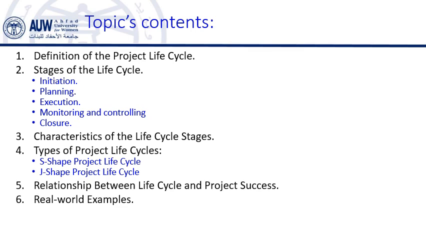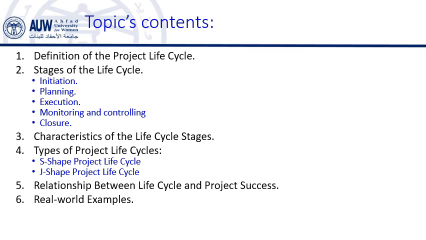Types of project life cycle. Introducing the S-shape and the J-shape life cycle as 2 distinct types of project life cycle, which differ in the way cost, resources, and effort are distributed. We will remember that the S-shape is characterized by a slow start and increasing effort during execution and a decrease as the project wraps up.